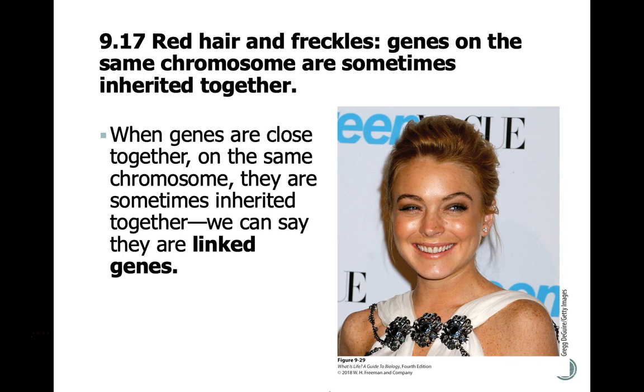But sometimes genes are close together, and when they are close together and inherited together in high frequency, we say that they are linked. So a really common example of this is red hair and freckles. Very often individuals that have one of these traits also have the other, and this is because they're found closely together on the same chromosome.